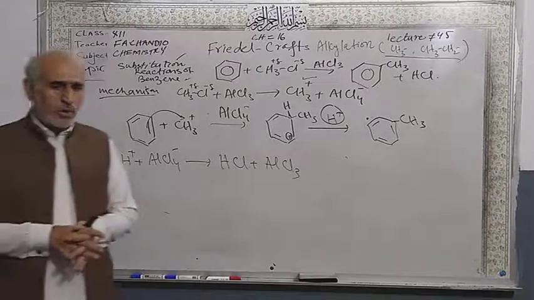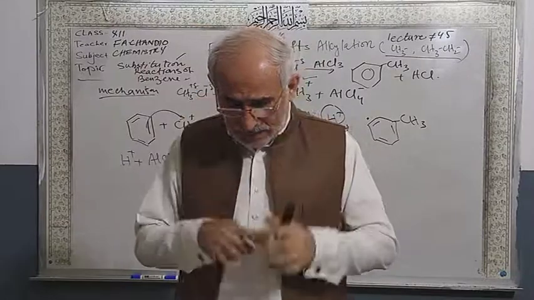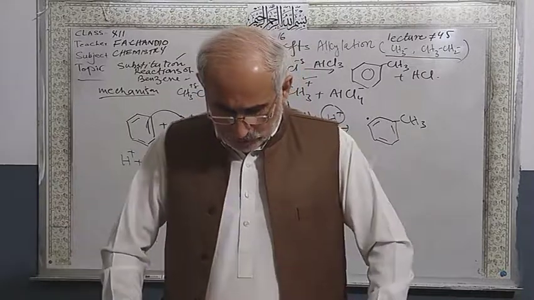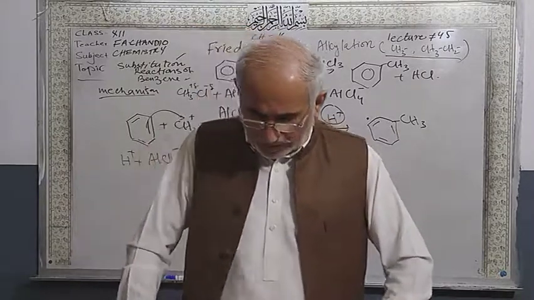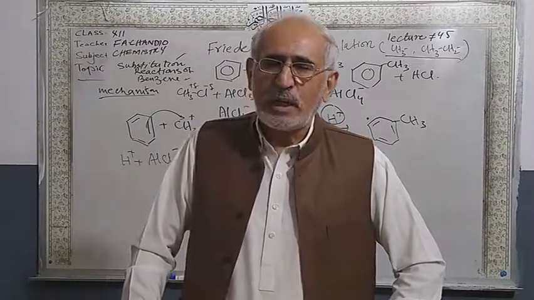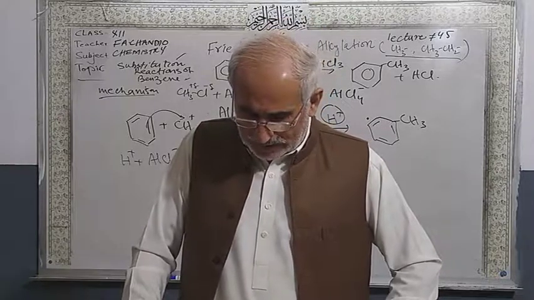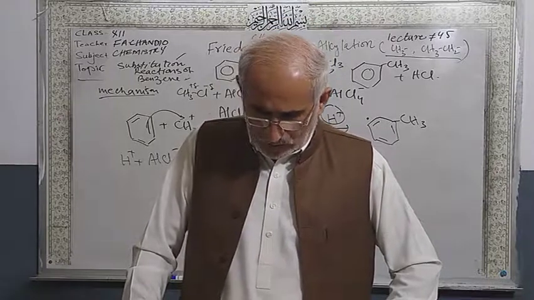If you use ethyl, then you will get ethyl benzene. If you use n-propyl chloride, you will get n-propyl benzene. If you introduce only methyl, you will get methyl benzene or toluene.